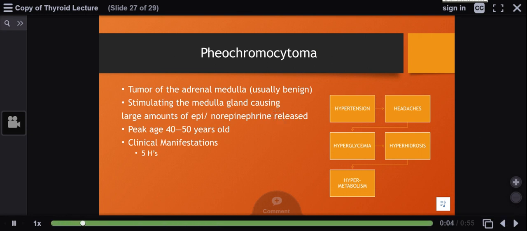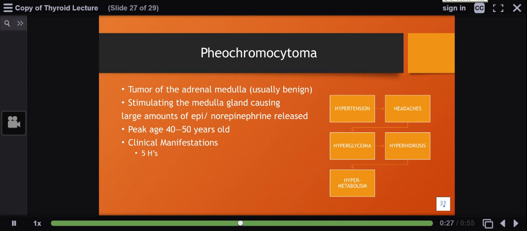Pheochromocytoma is a tumor that originates in the adrenal medulla and is usually benign. It is uncommon to see these tumors appear bilaterally, and usually the client will have a tumor on the adrenal medulla on only one side.